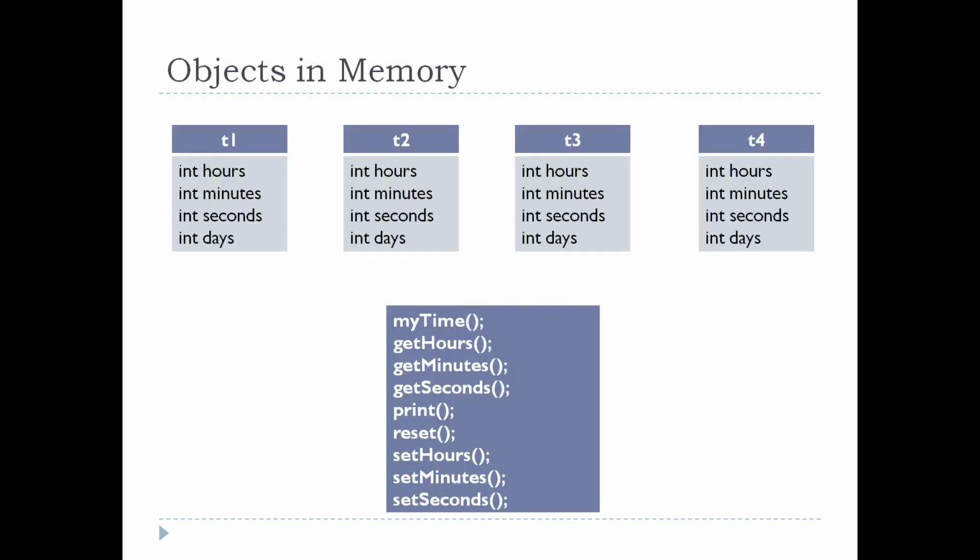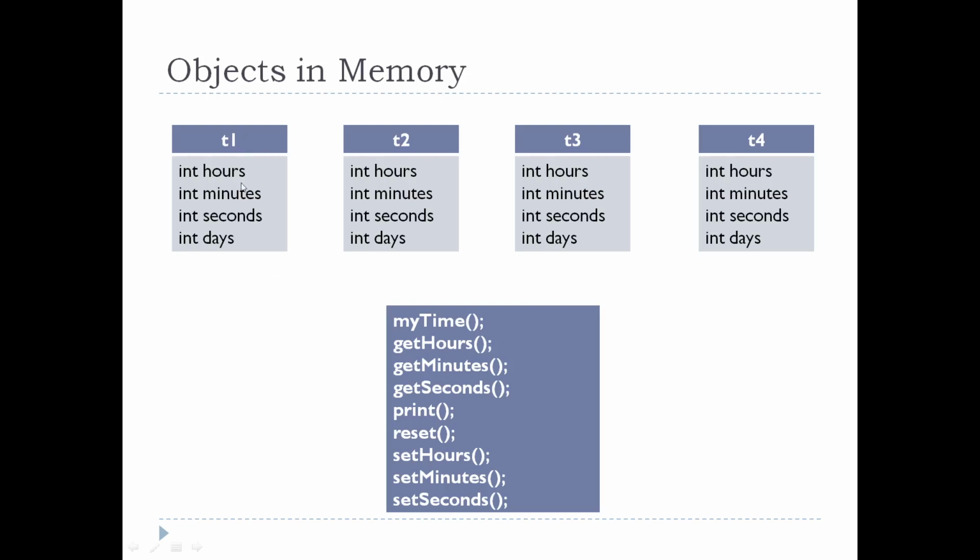Like we talked about these attributes, these are non-static attributes. So non-static attributes are part of the object. If they are part of the object, that means we need to have different copies of these attributes for each object.